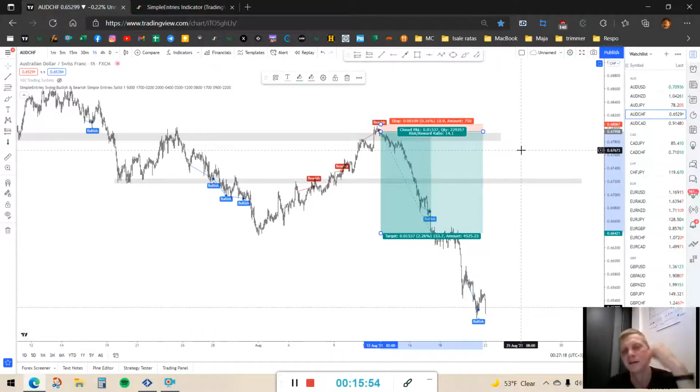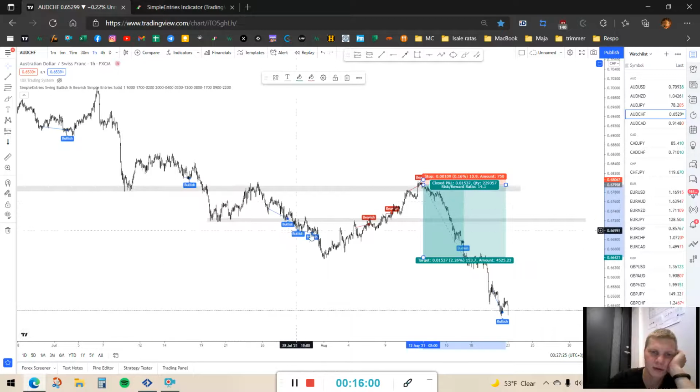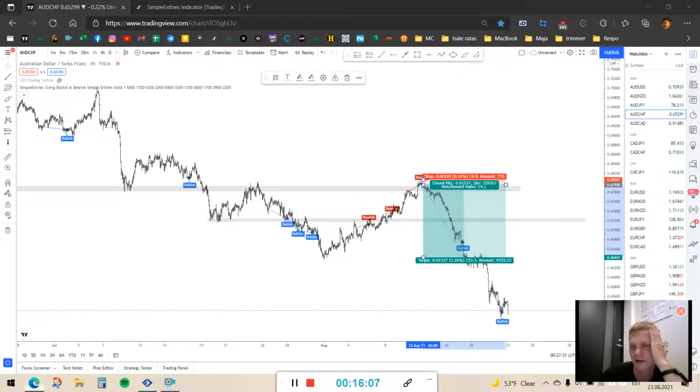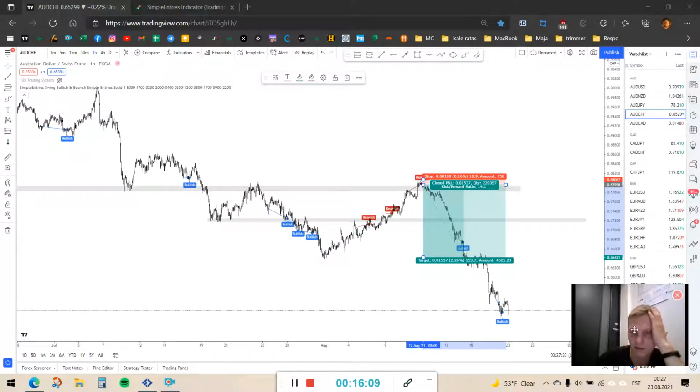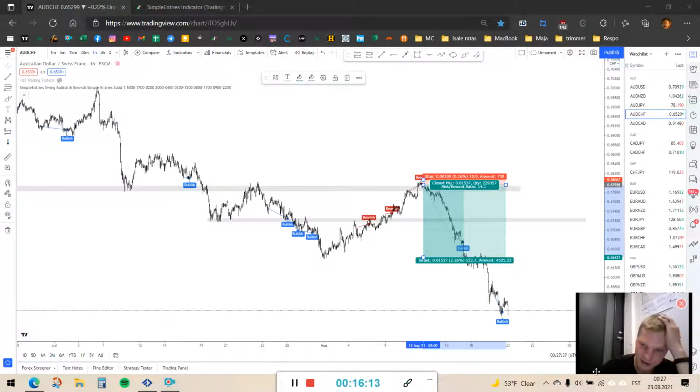Anyway, that doesn't matter at this point. You would have lost 6 units of risk to gain 14. 14 minus 6. I mean, it's almost half. It's half past midnight, so my math is not the best right now.